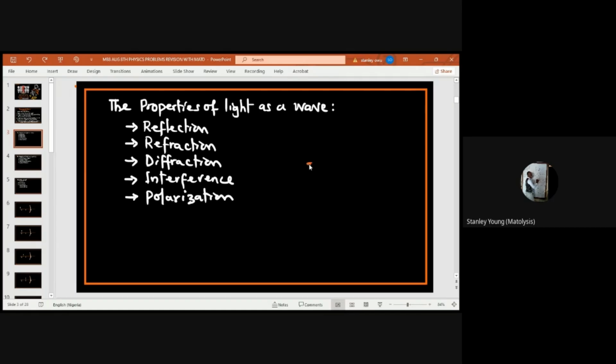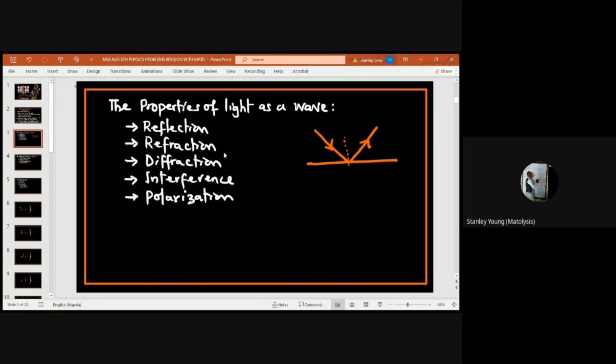For instance, if you have this to be a boundary between one medium and another, and this is an incidence of light, and here we have the normal. If the light eventually bounces back into the medium from which it was coming, such is called reflection. So reflection is the repropagation of a wave. And for light to be reflected, we need what? A smooth, shining surface.